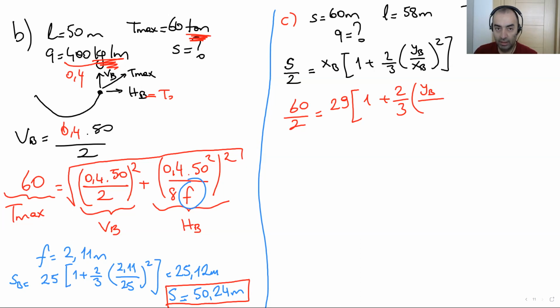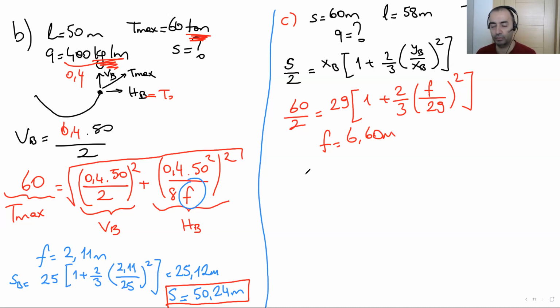Or we can write F instead of YB, because F equals YB, or YB equals F, whatever. From here, there's only one unknown. You can solve it with your calculator easily. F is here 6.6 meters. We know F, Tmax.